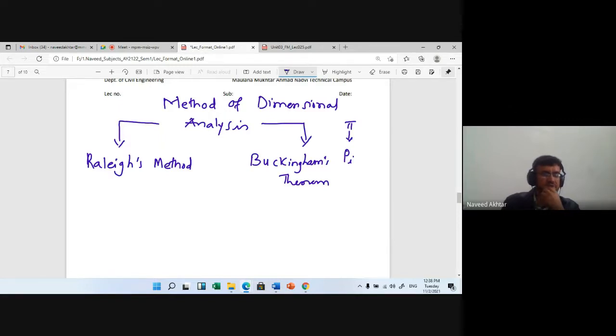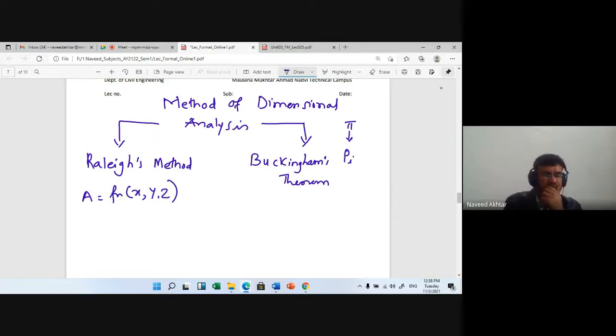So in Rayleigh's method, if A is the dependent variable and x, y, z are independent variables occurring in the phenomenon, then A can be expressed as a function of x, y, z.